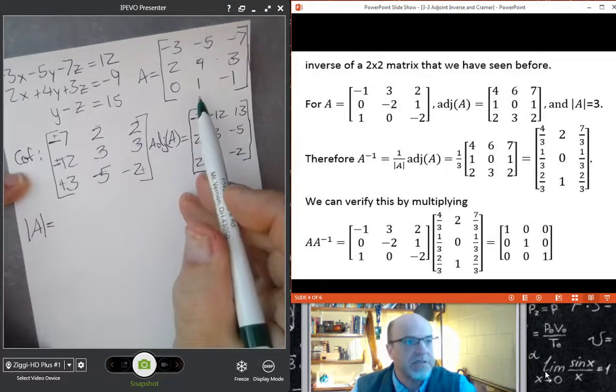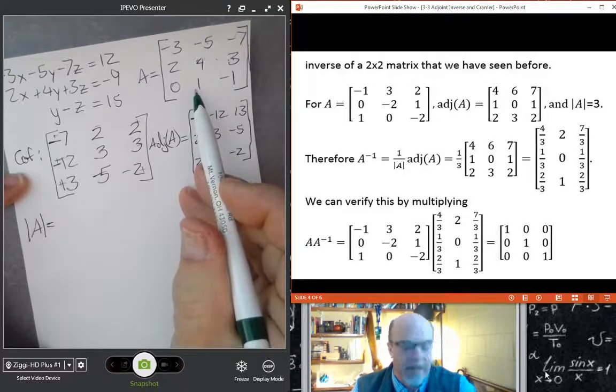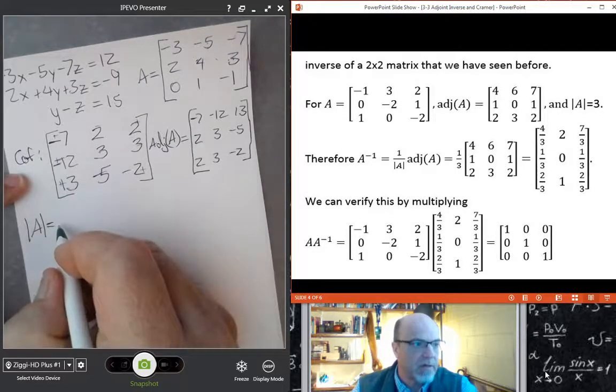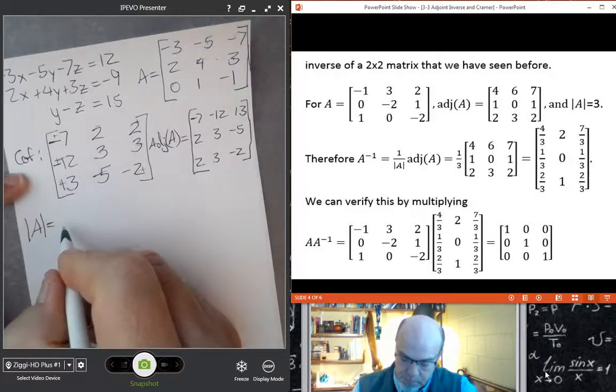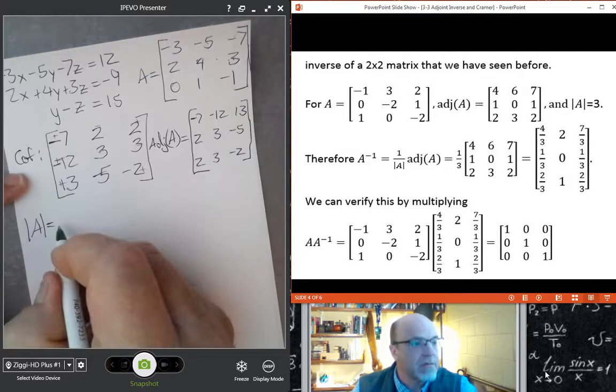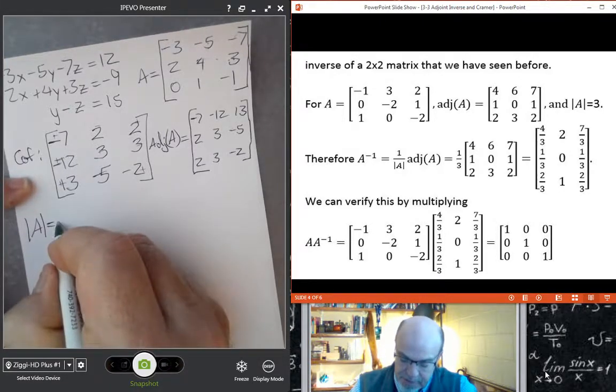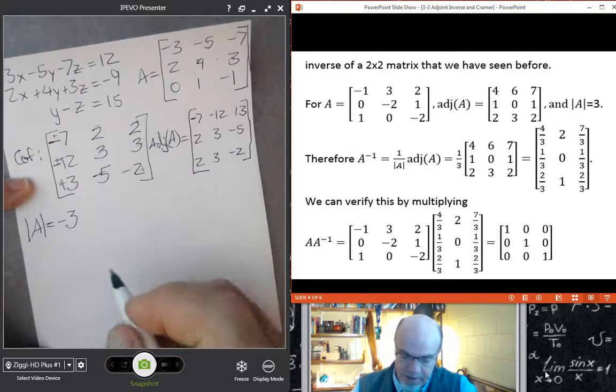If you want to push pause, punch this in, calculate the determinant, you'll see what this ends up with. Give you a minute to do that. Welcome back. For those of you who did pause, the determinant turns out to be negative 3.